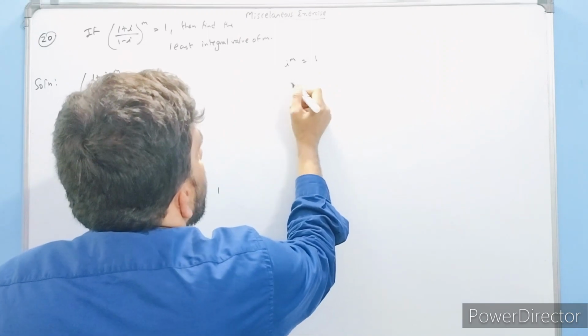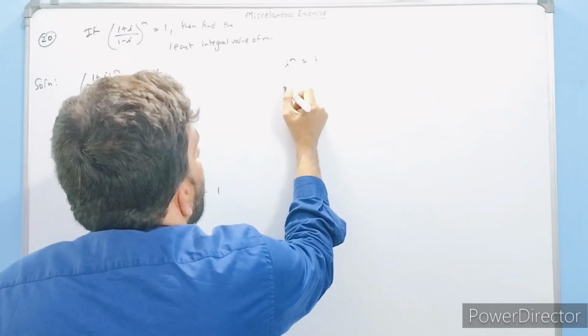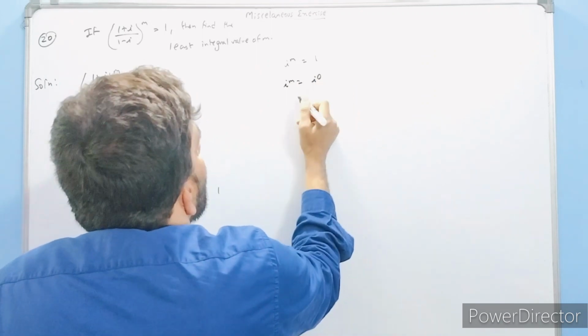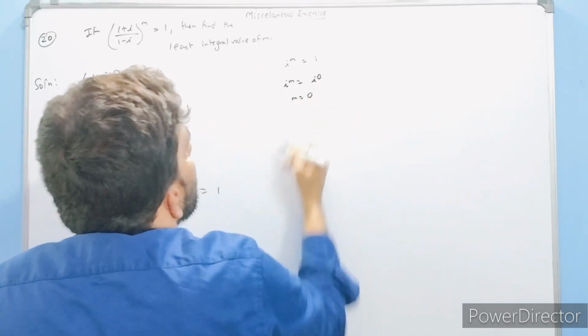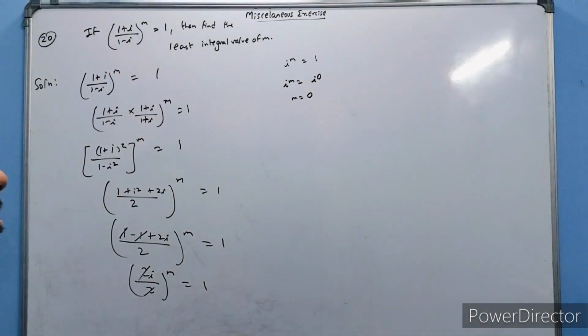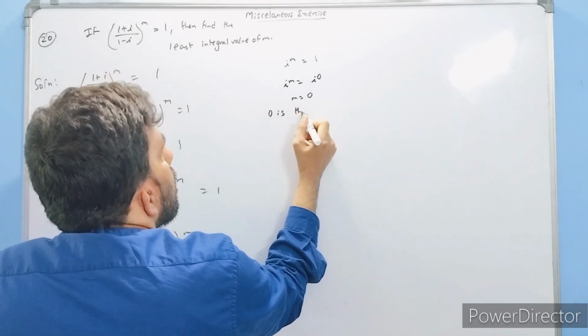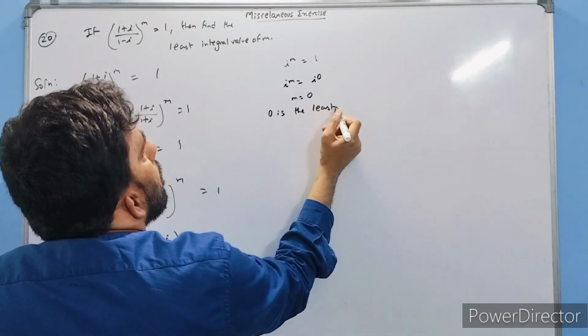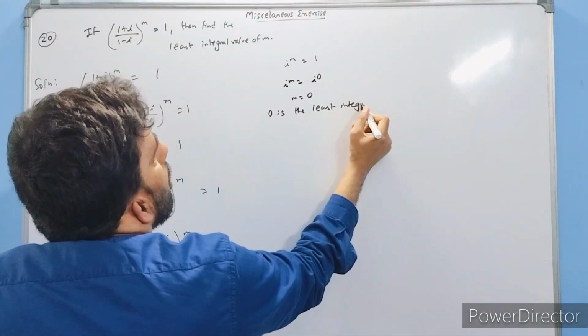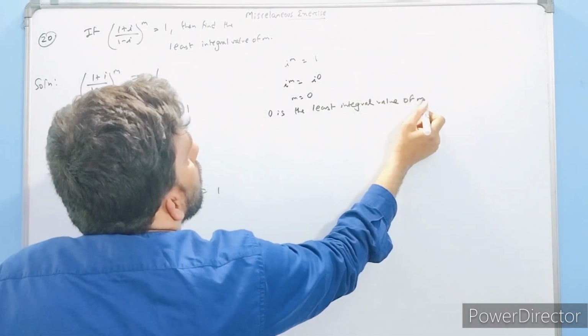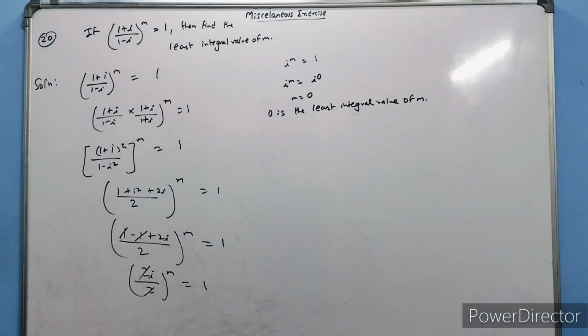So what we can do here, if I put the value i^m = i^0, so m will be 0 here. Okay, so we are able to find that 0 is the least integral value of m.